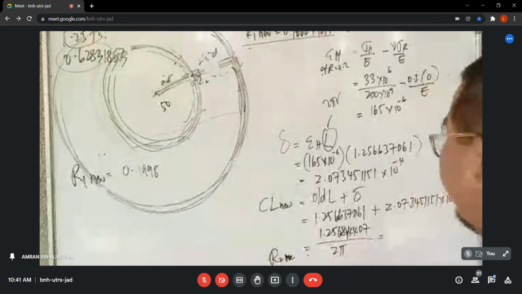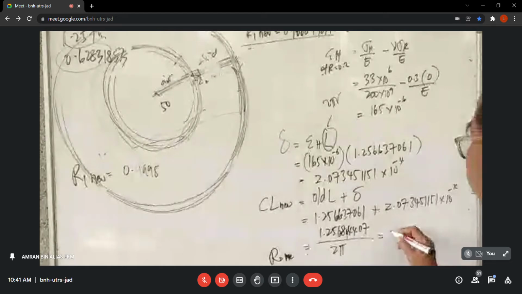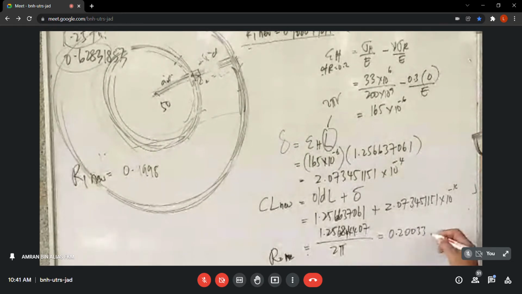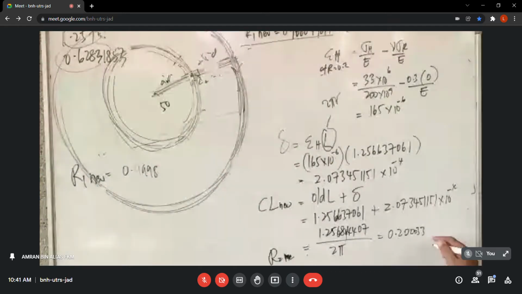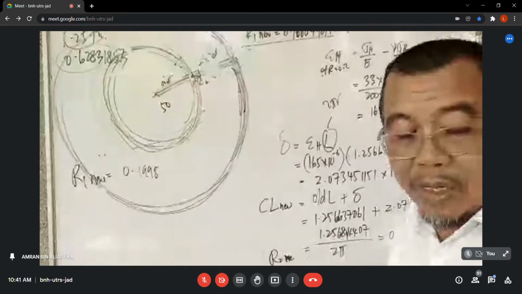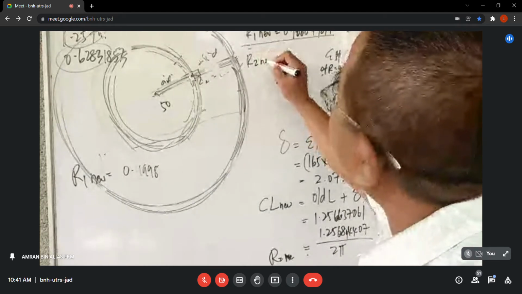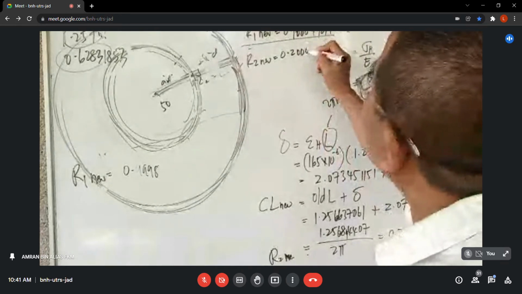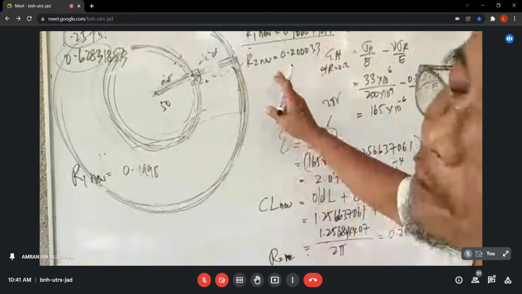What is the value there? 0.20033. You got R2 new, 0.200033. Are you with me there?